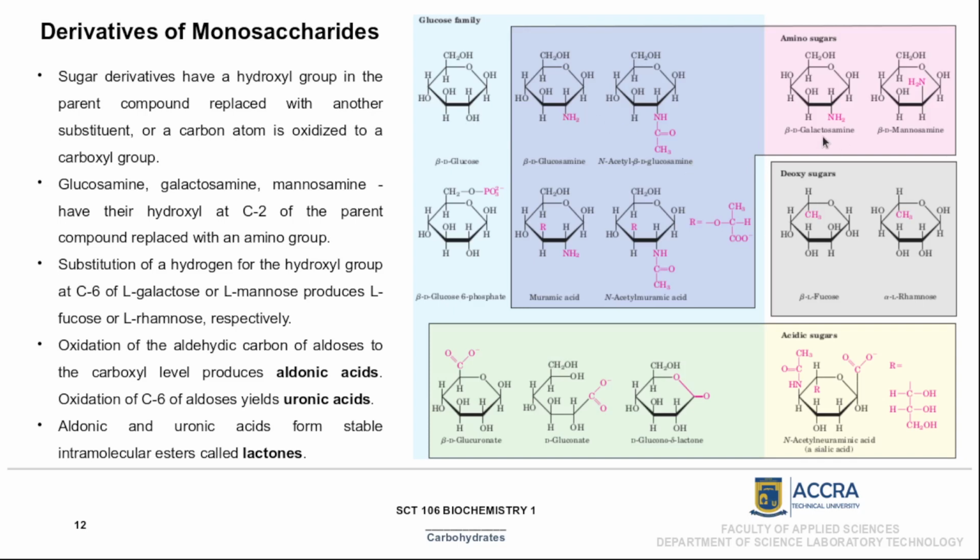You see the same thing with galactosamine. You have the amine group substituting the hydroxyl group on carbon number 2. And in mannosamine as well, you have the amine group coming to replace the hydroxyl group on carbon number 2.